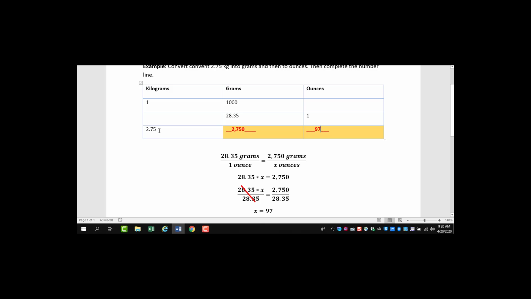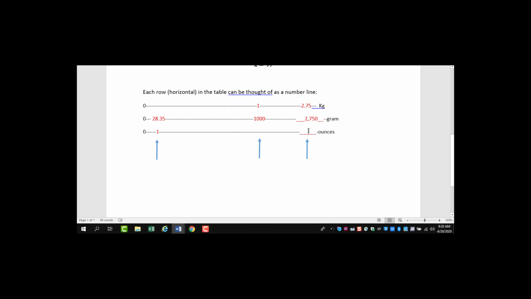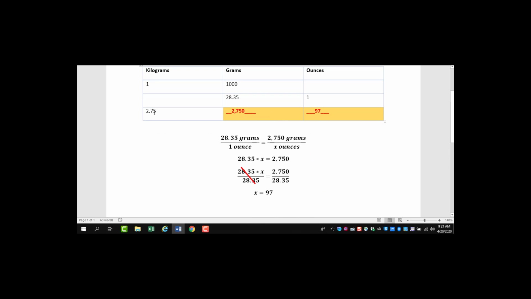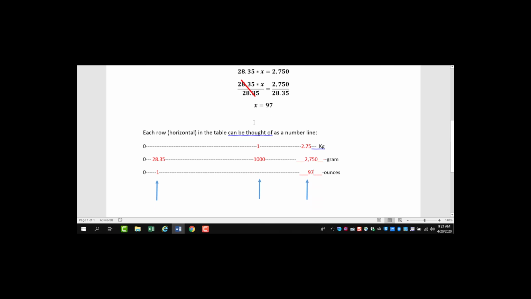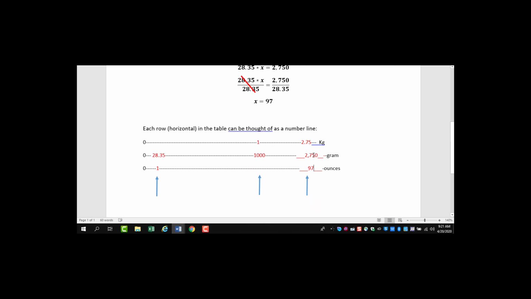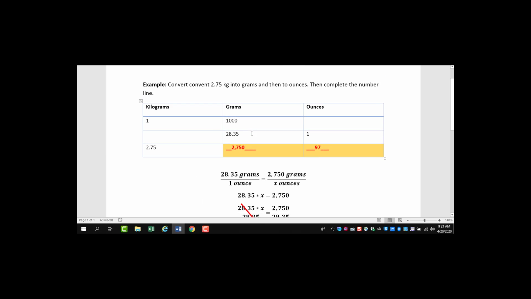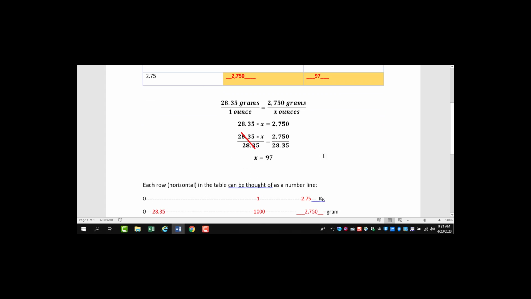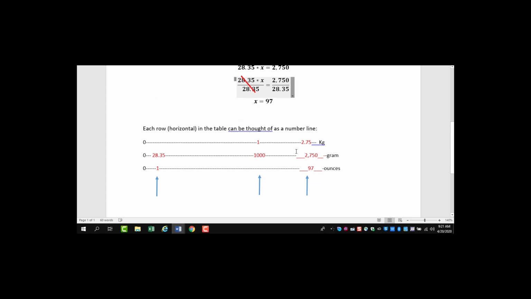And here's an equivalency, so that can go down here. And indeed, 2.75 kilograms is the same as 2,750 grams, which is the same as 97 ounces. So I had to make a double conversion here. In 5.2, we're going to make this a shortcut.